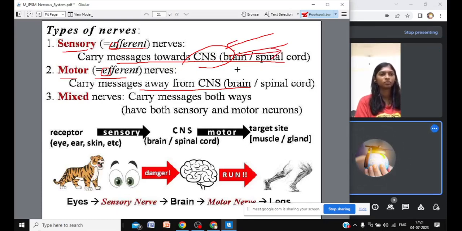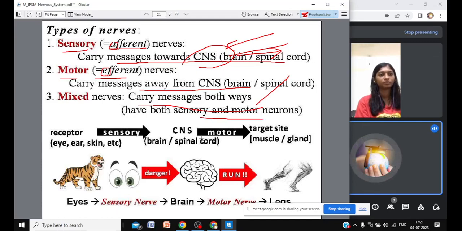And mixed nerves carry messages both ways. If the message can go both ways, both incoming and outgoing, then we call it mixed, because they are both sensory and motor neurons.